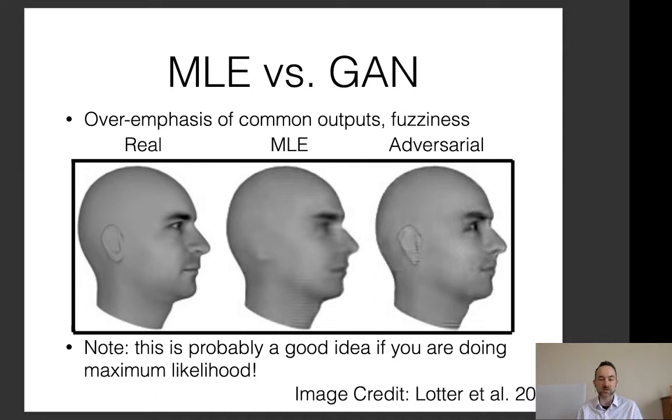Because of this, generating a probability distribution leading to a fuzzy output is not necessarily a bad idea. GANs, on the other hand, are trying to generate images to fool a discriminator or an adversary. If an adversary saw that all the images were fuzzy, it would just be able to say, this is a fuzzy image, so this is fake. This is a sharp image, so it's real. So the GAN objective encourages the model to be more bold and make some decisions here.